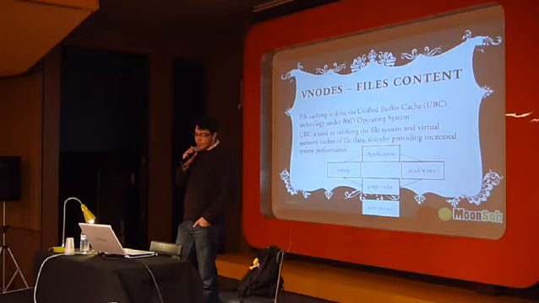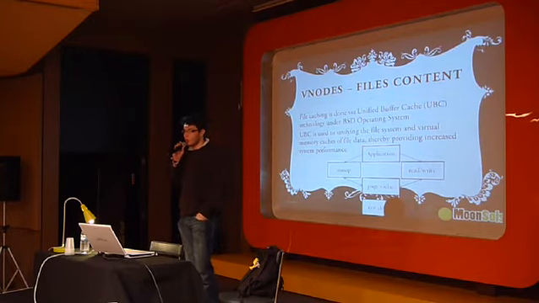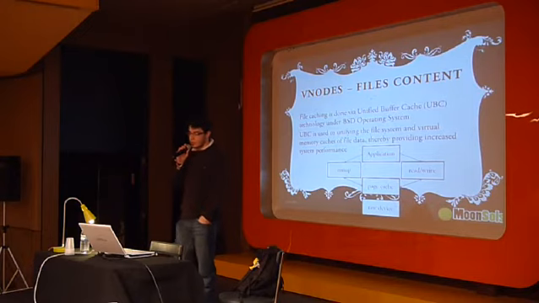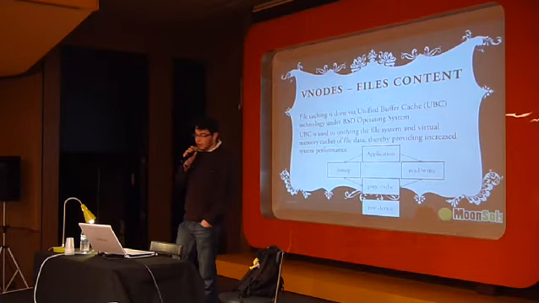Virtual nodes are used to describe the files and directories. Like on every modern operating system, you have a caching system, which is called UBC on Mac OS X. From this, you can retrieve the content of the files. It's really common on modern operating systems to have a caching system, and it's the same thing with Mac OS X.